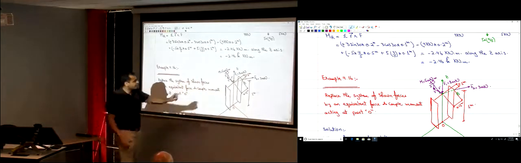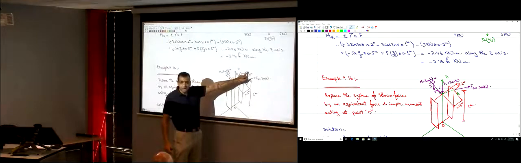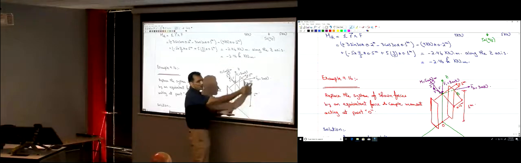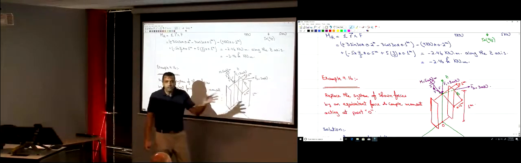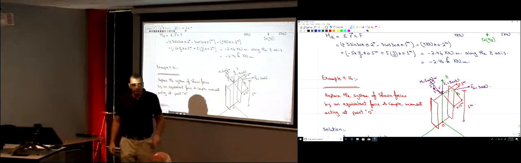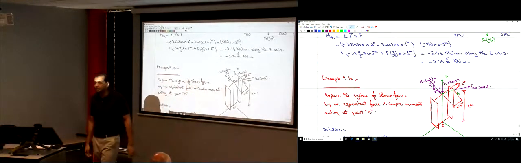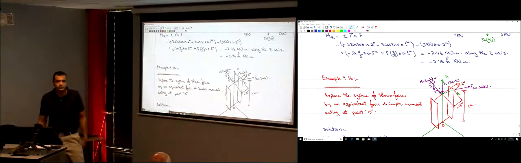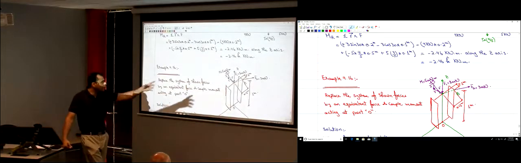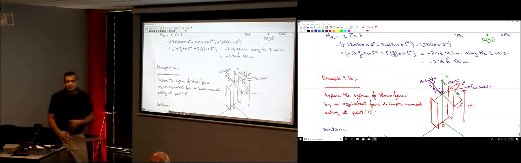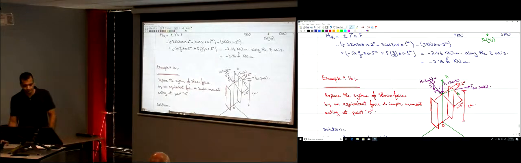You know why? Because F is 800K. The position vector from here to here is 1K. 800K times 1K is 0, because K cross K is 0. Any point along the line of action of that force is going to be something K, multiplied by the force 800K, which is 0. Any point is going to be 0.